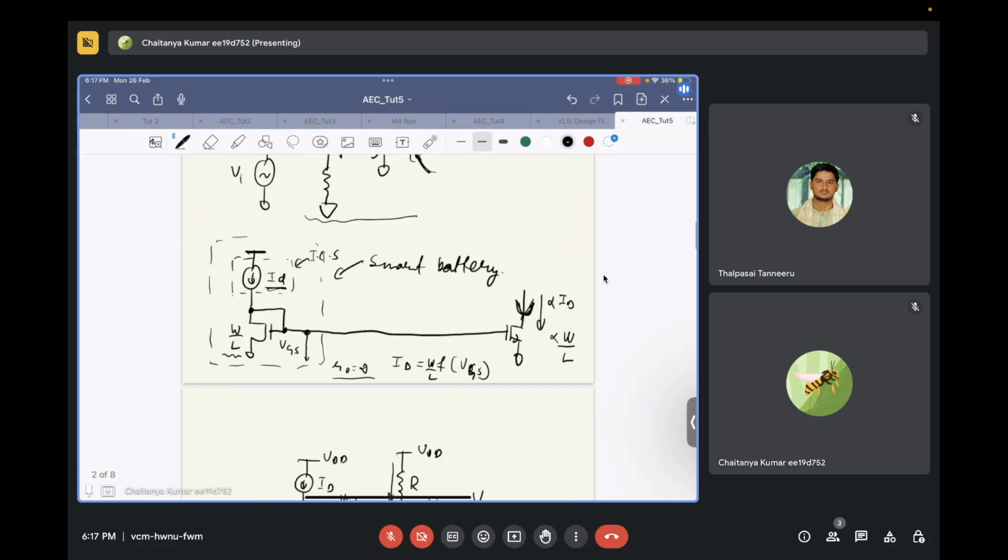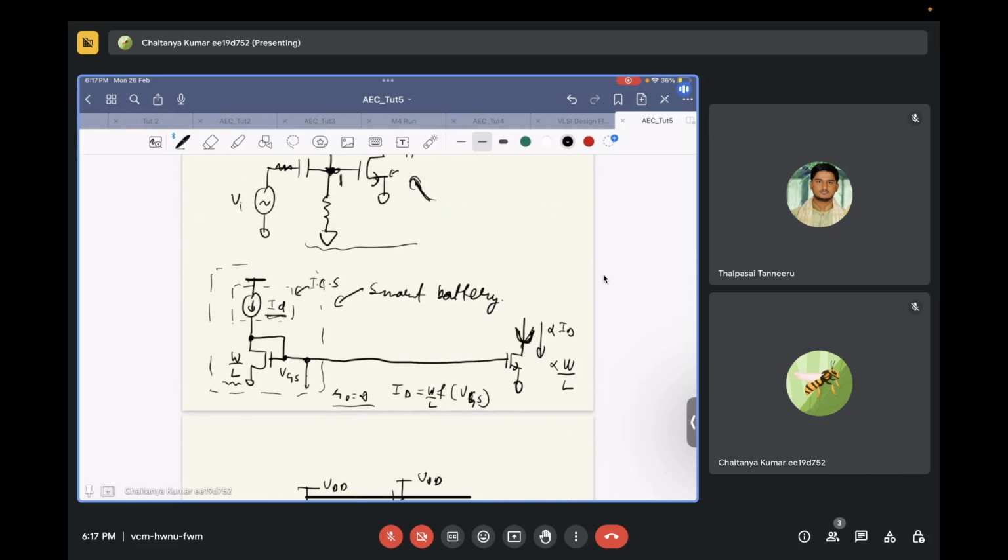So what you do is current biasing: you generate a VGS that can vary with respect to the process and temperature variation, in order to maintain a constant current through this transistor, and use this VGS to bias the rest of the transistors in your circuit. And this is basically the principle on which a current mirror works.